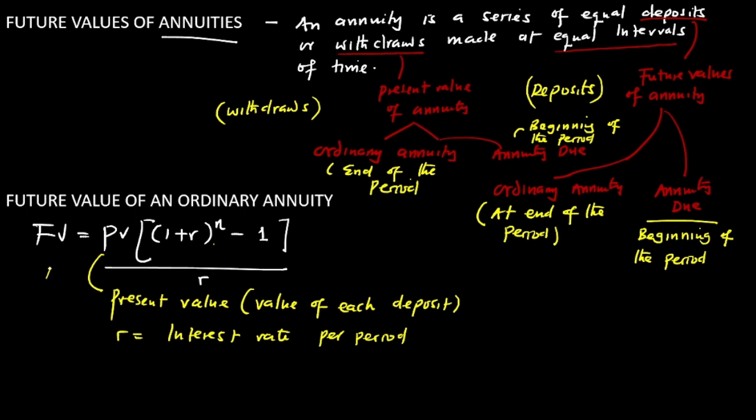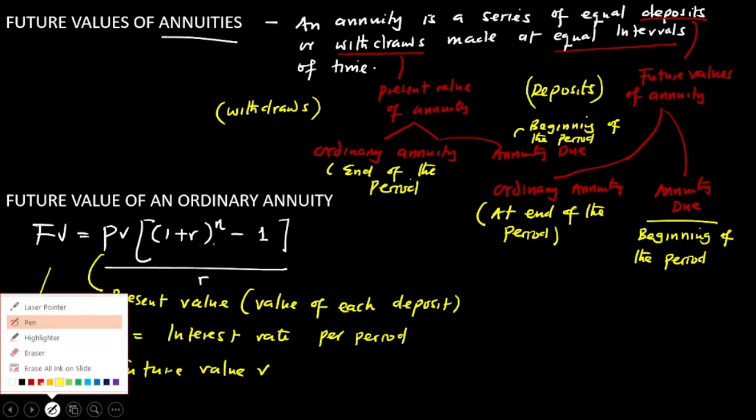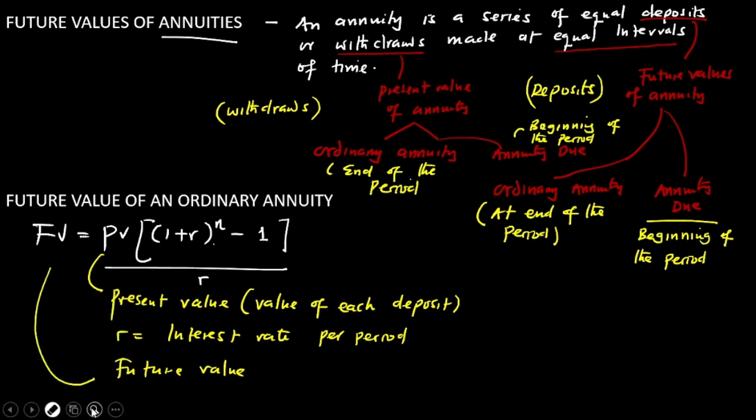Then this one basically represents the future value of an ordinary annuity. So remember, ordinary annuity, we're talking about at the end of a period.